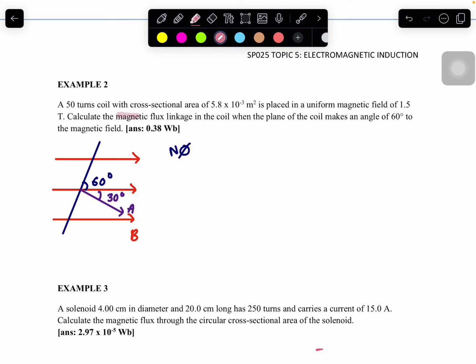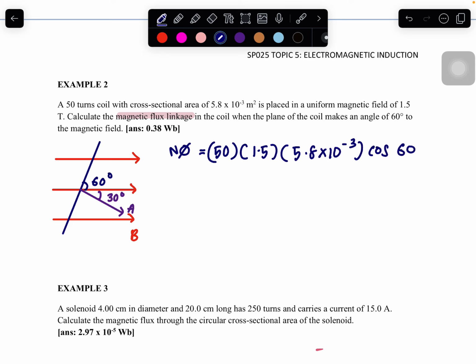Yes, it asks for magnetic flux linkage, so we must multiply by the number of turns. Number of turns is 50. Magnetic field 1.5. Area is already in meter. Cos theta is not 60, sorry. Theta is 30 degree.